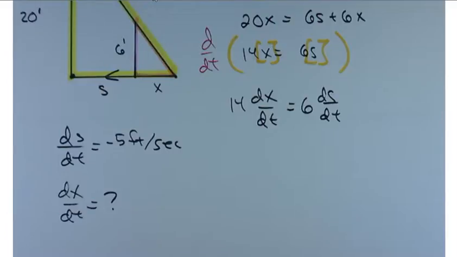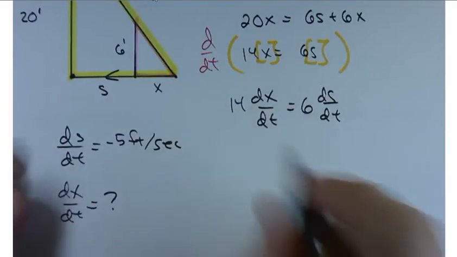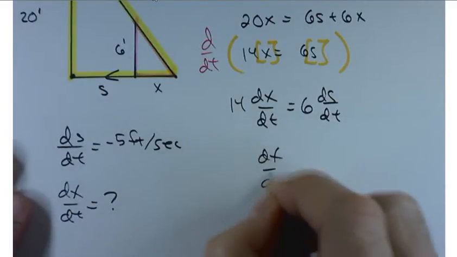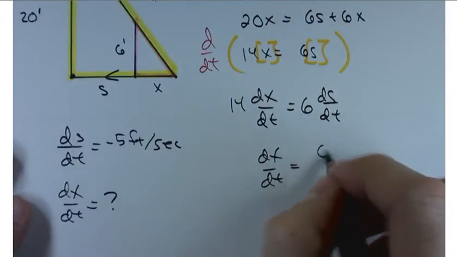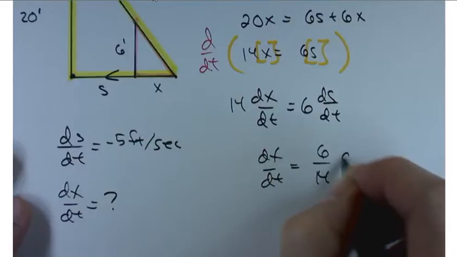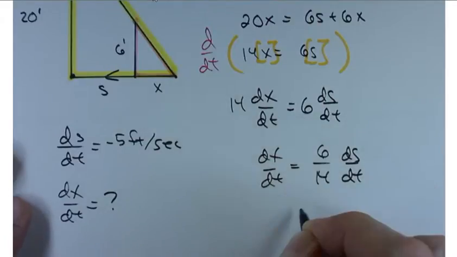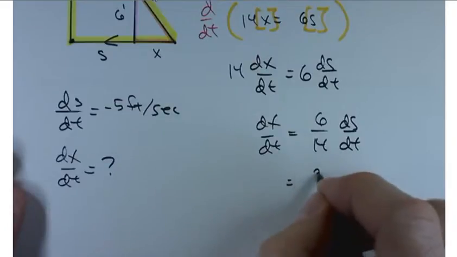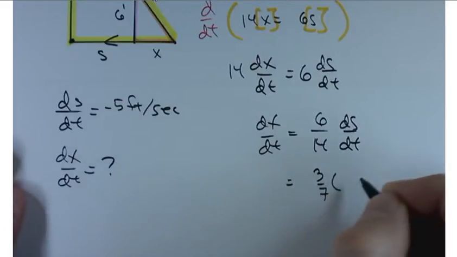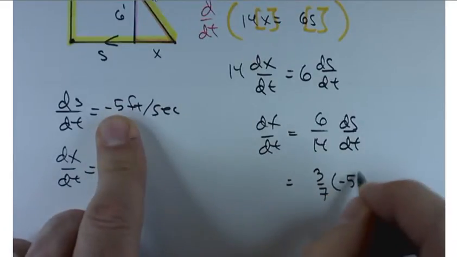Well, let's solve for dx by dt. dx by dt equals 6 over 14 ds by dt. Or I could simplify that to 3/7 times negative 5.